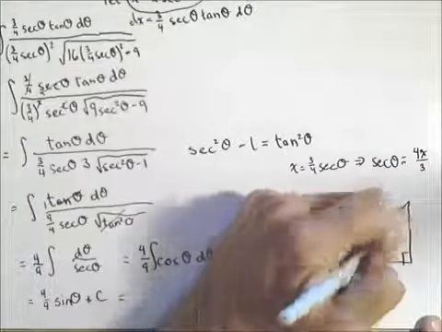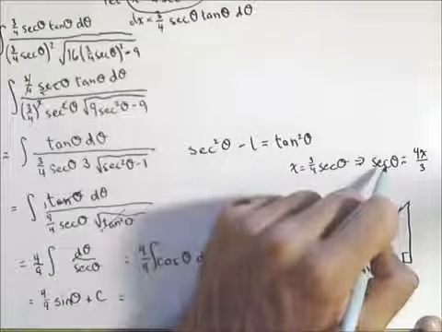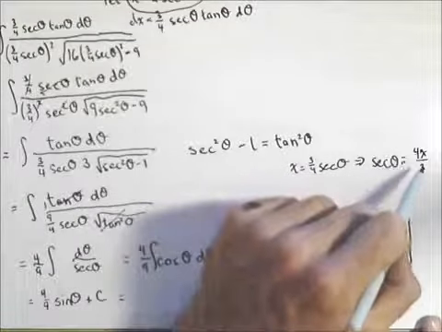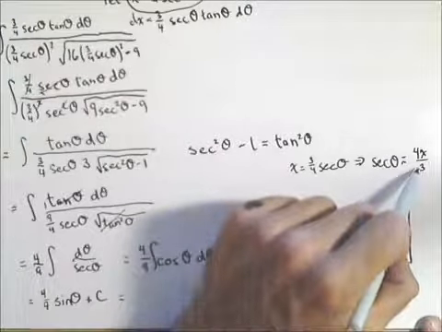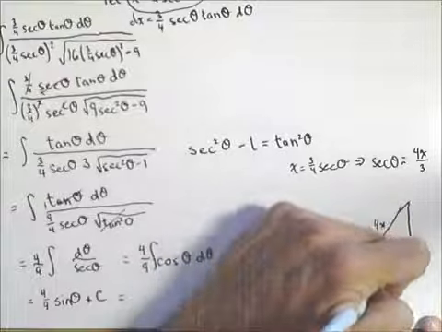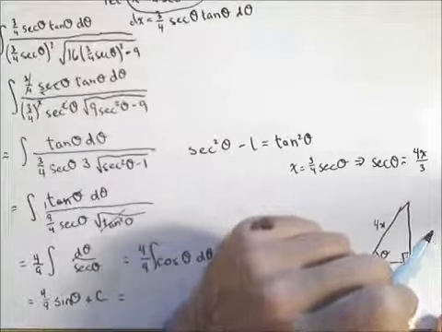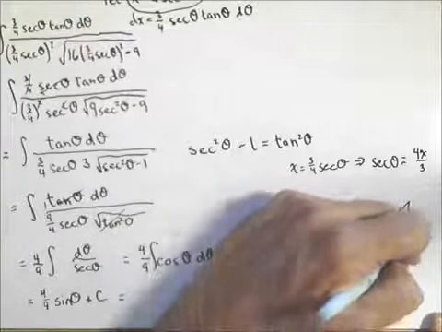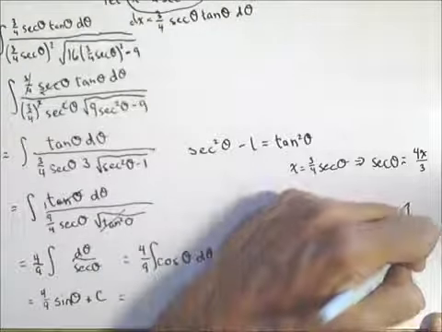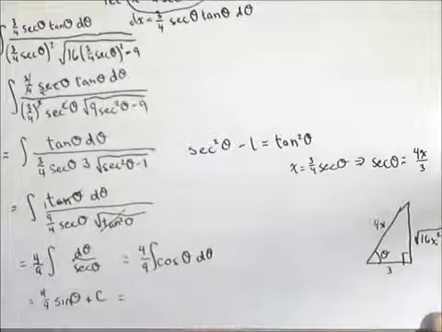Call one of my angles theta. Now, secant, remember, is 1 over cosine. So this is hypotenuse over the adjacent side. So 4x goes here, 3 goes here. So we have to find our last side, which by the Pythagorean theorem is square root of 16x squared minus 9.